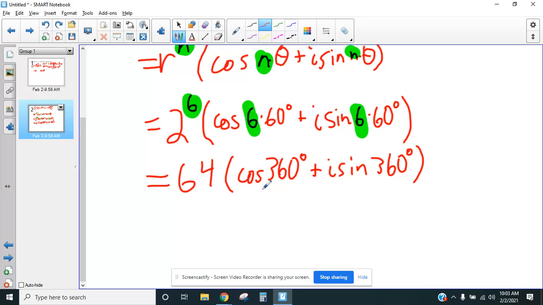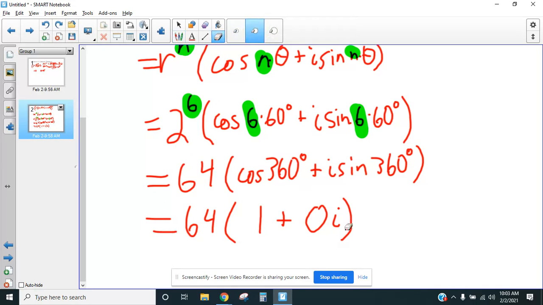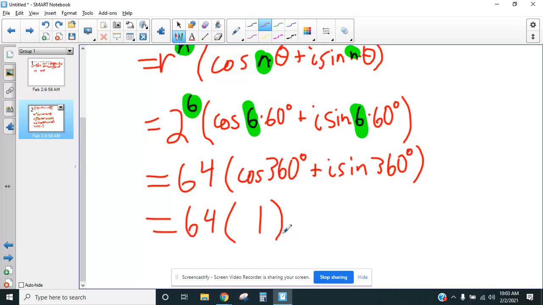Yep, cosine of 360 is 1. The sine of 360 is 0. So it's 0i, it's nothing. There's no sense in adding nothing. So now it says 64 times 1. There is no imaginary part. So the answer is just 64. That's it.